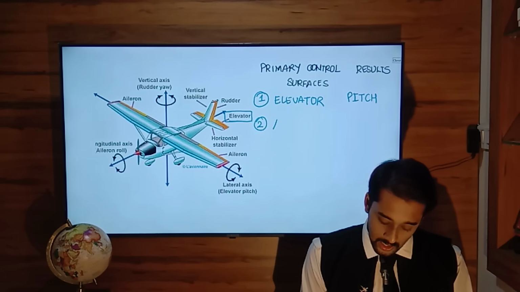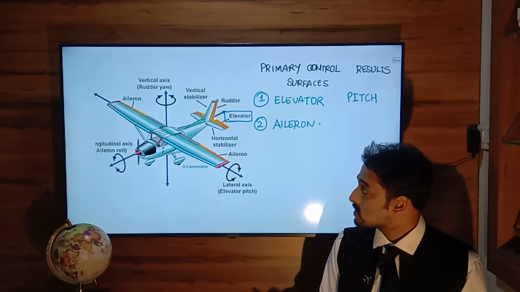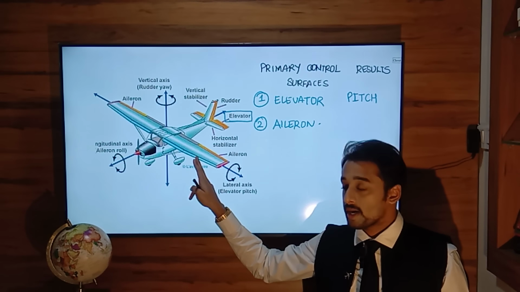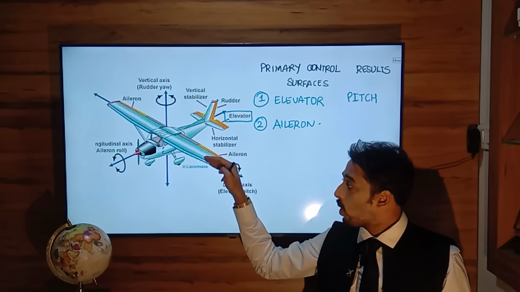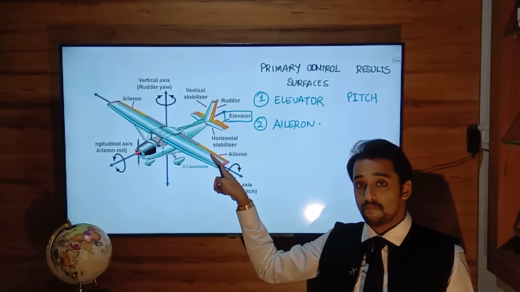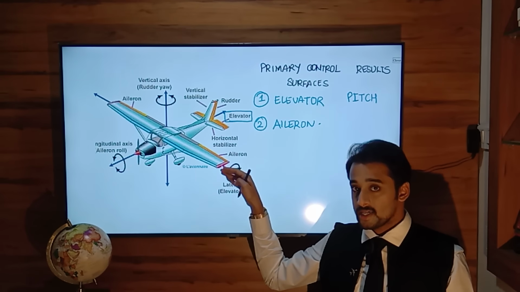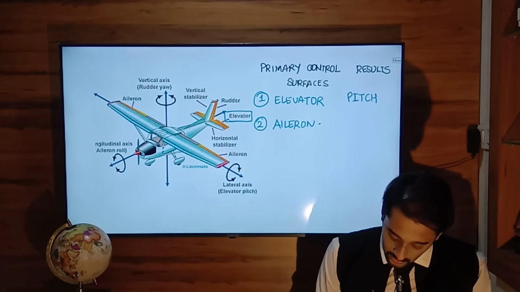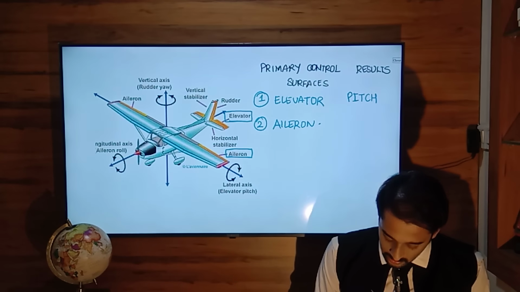The second surface is the aileron. These ailerons are located on your main wings, on the trailing edge, that is the backward section of the wing, towards the wingtip. So this is where your ailerons are located.